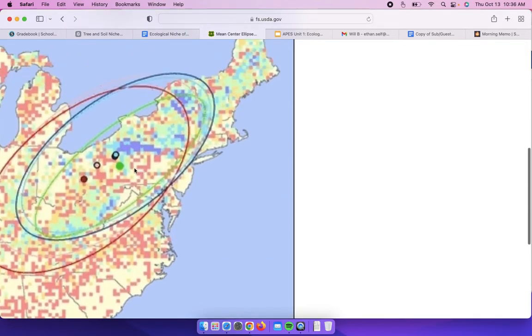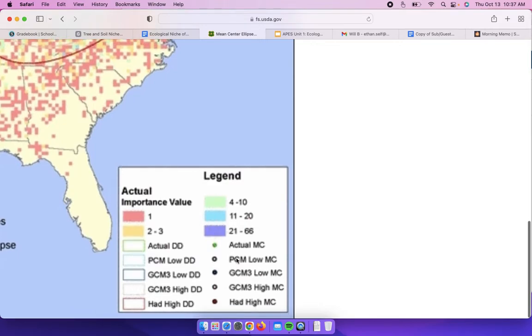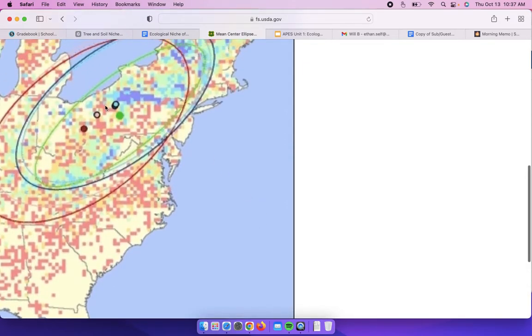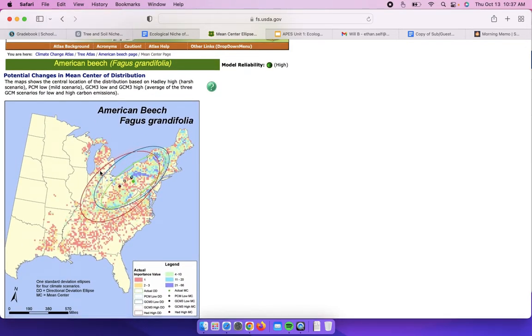So the green dot currently is the specific MC, and then we can look at the different values that are occurring with the low and high models. I believe the red dot is the Hadley high model, and that is showing a very large shift southwest as a result of it. And the overall importance of it is also going to be shifting to the south, which is interesting. Many trees that we are going to be looking at are actually doing the opposite.